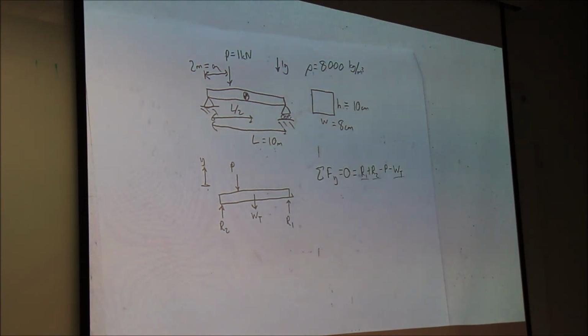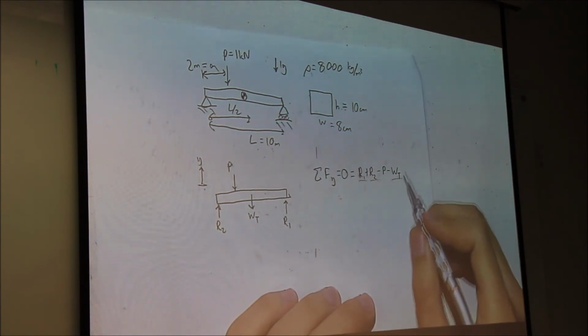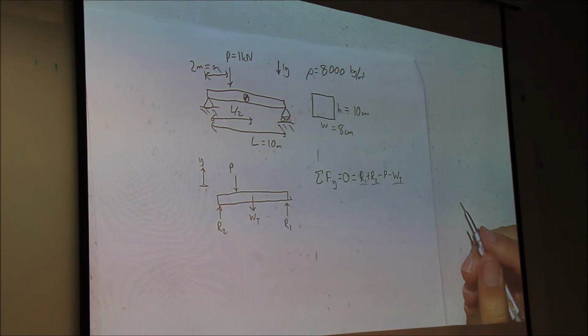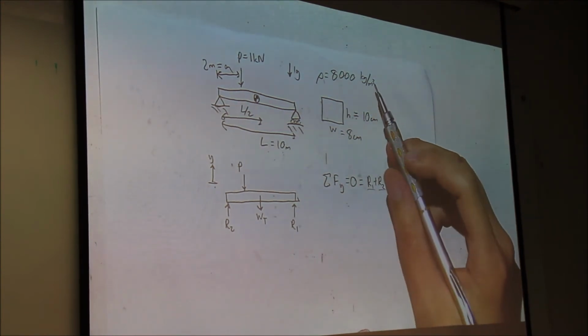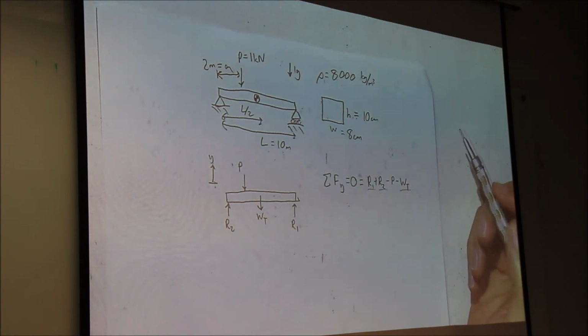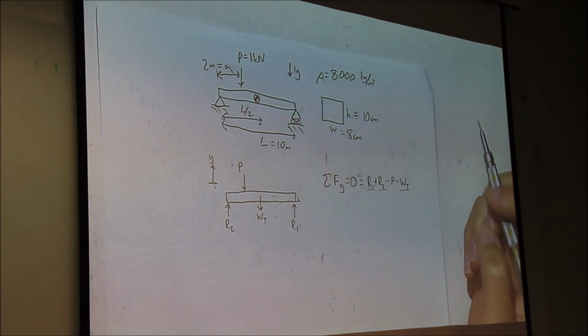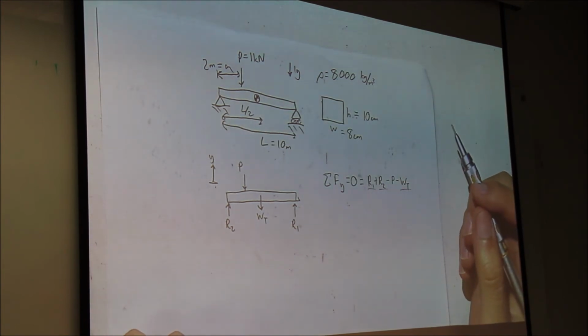So with this in mind, let's move on. Let's do this first. Let's calculate weight total. Well, we know what the density is. So if we can find the volume, we can figure out what its mass is. And if we know its mass, we know that mass times 9.81 is going to be its weight.